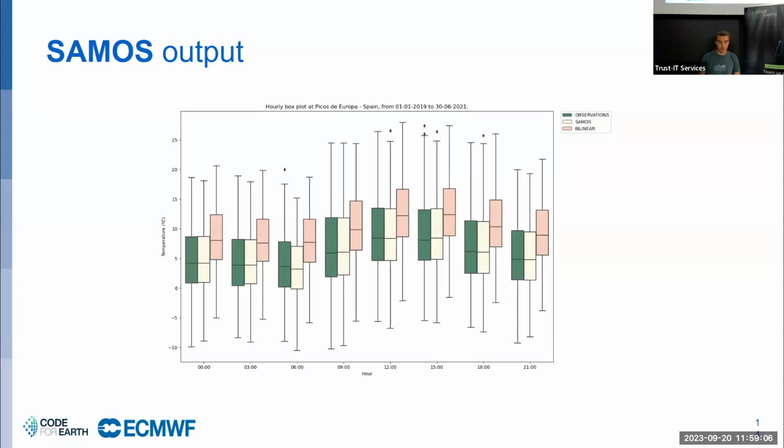The same is the case for all the times of the day. So if we aggregate the predictions for each time of the day, then we're much closer with the Samos downscaling to the observations than we have with bilinear interpolation.